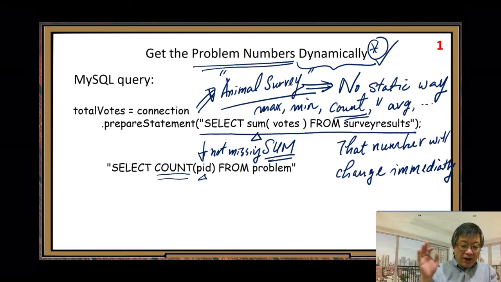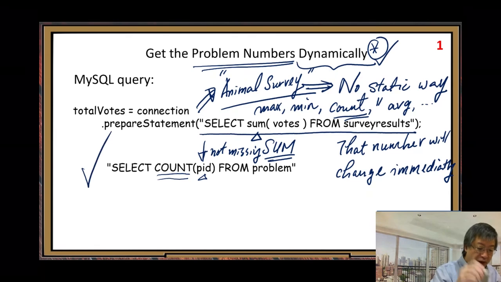So after that, we have this query. Later, we just put this query in the appropriate location, create a query object, and then do the query. All right, at this point, another question.